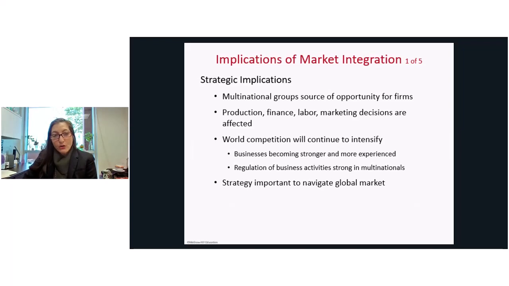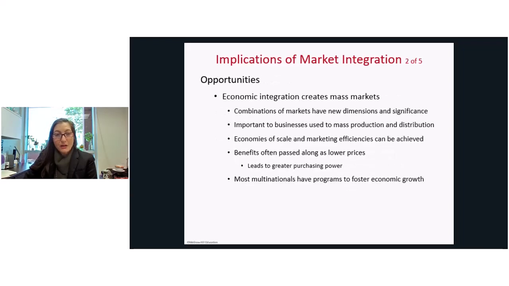What we do know is that world competition will continue to intensify, and businesses are becoming stronger and, of course, gaining experience along the way. So regulation of business activities is strong in multinational regions. Strategically, consideration of these multinational regional agreements are important in terms of navigating the global market.